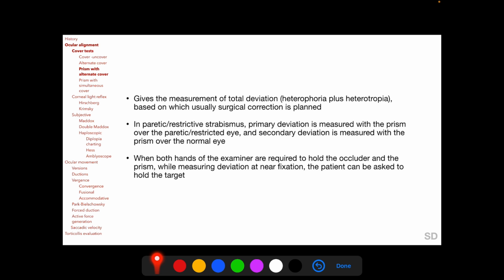We may note here that primary and secondary deviations refer to pediatric and restrictive strabismus and not to strabismus patients with normal ocular movements. And when both hands of the examiner are engaged to hold the occluder and the prism, the patient can be asked to hold the target while measuring deviation at near fixation.